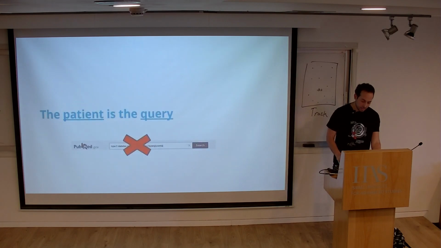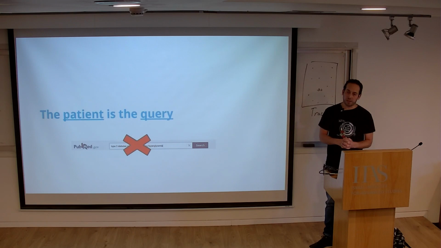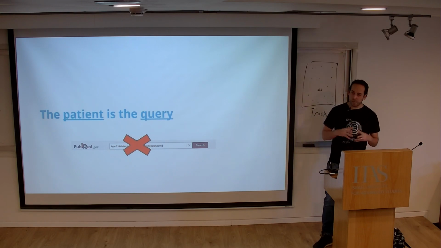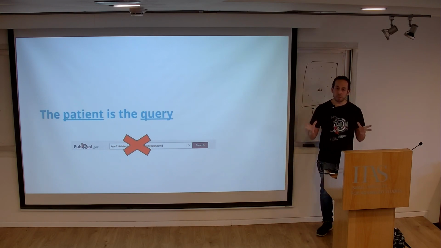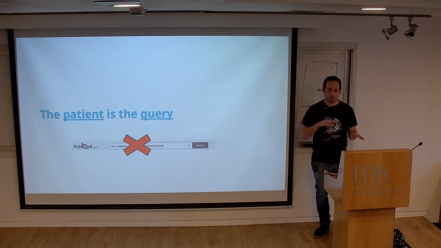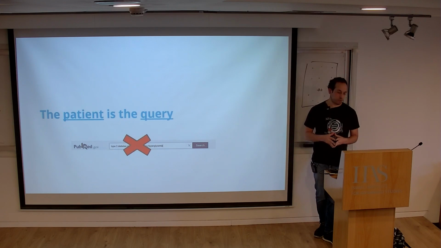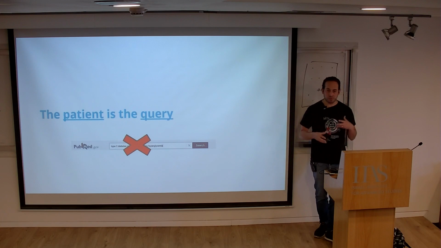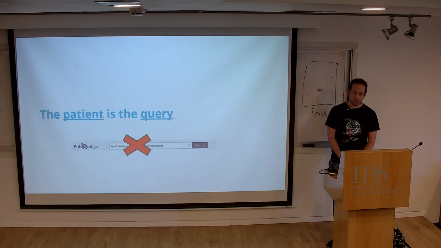One conceptual thing to note here, which is very different from what you probably think of when you hear the word search, is that we're veering away from the standard way of search where the physician needs to think of what the exact keywords are, how to phrase this, and what the important aspects of the patient are for their specific question or outcome, and then go to PubMed and do that.